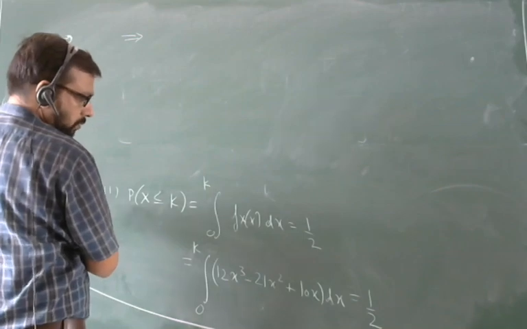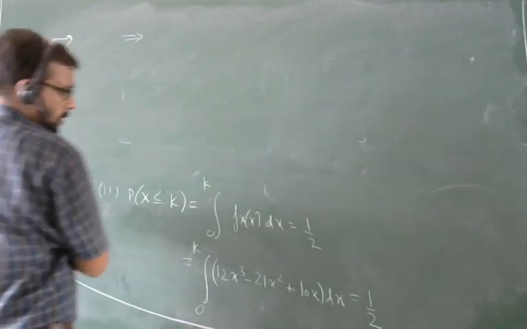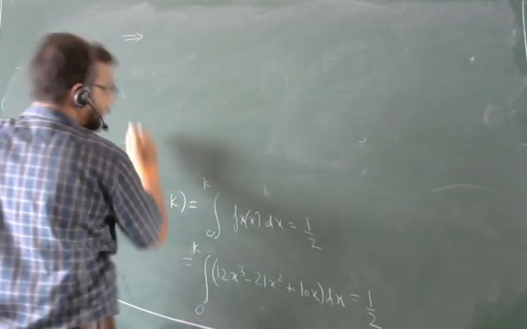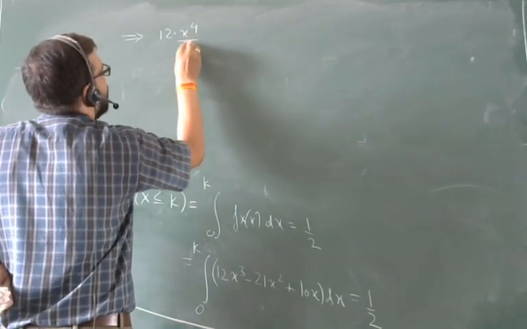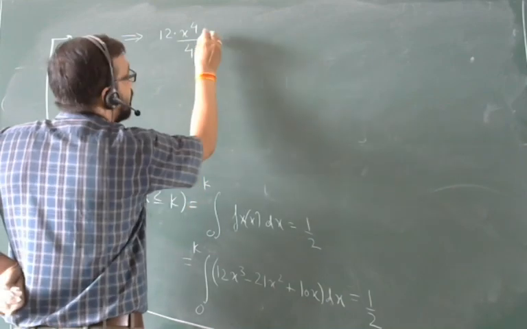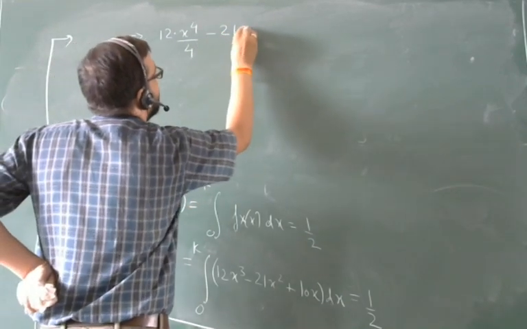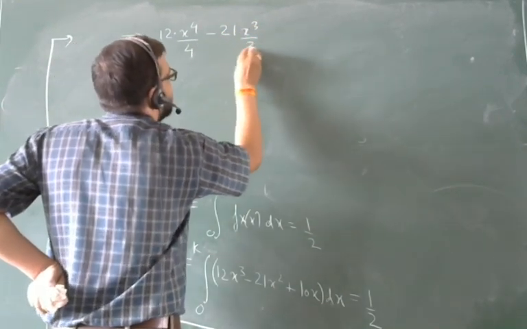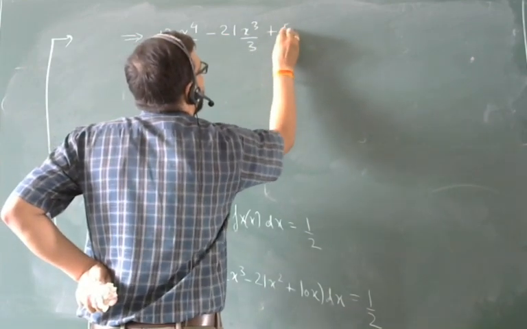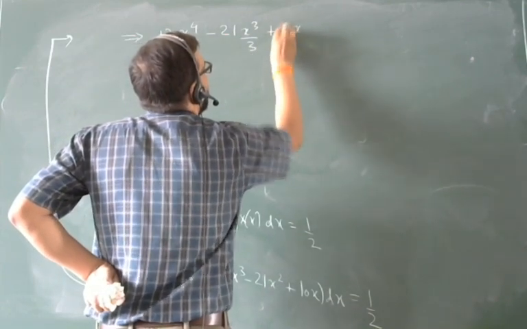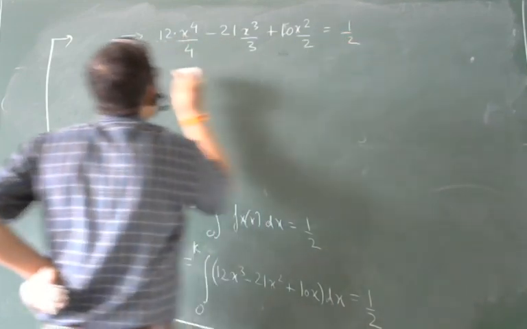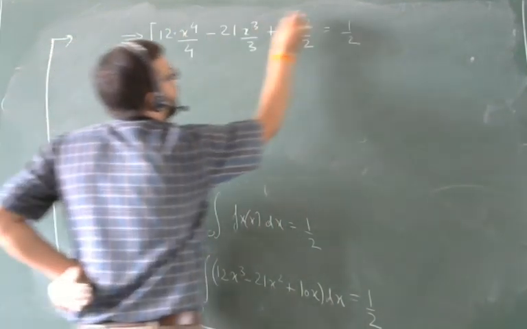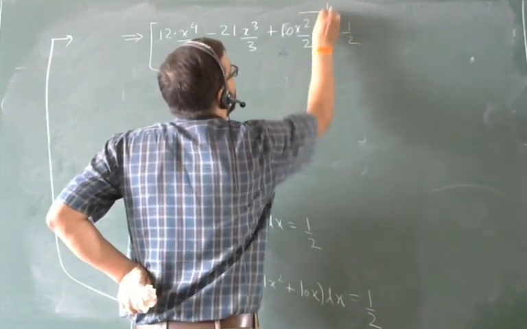Simply integrate this: 12 into x to the power 4 upon 4 minus 21 x cubed upon 3 plus 10 x squared upon 2 equals 1 upon 2, here with limit 0 to k.